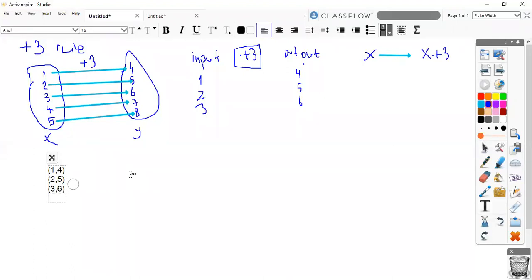The next point was 4 and 7. The next point was 5 and 8. Now these are the points that we get. We can put these points on the coordinate system. Okay, let's put them on the coordinate system.